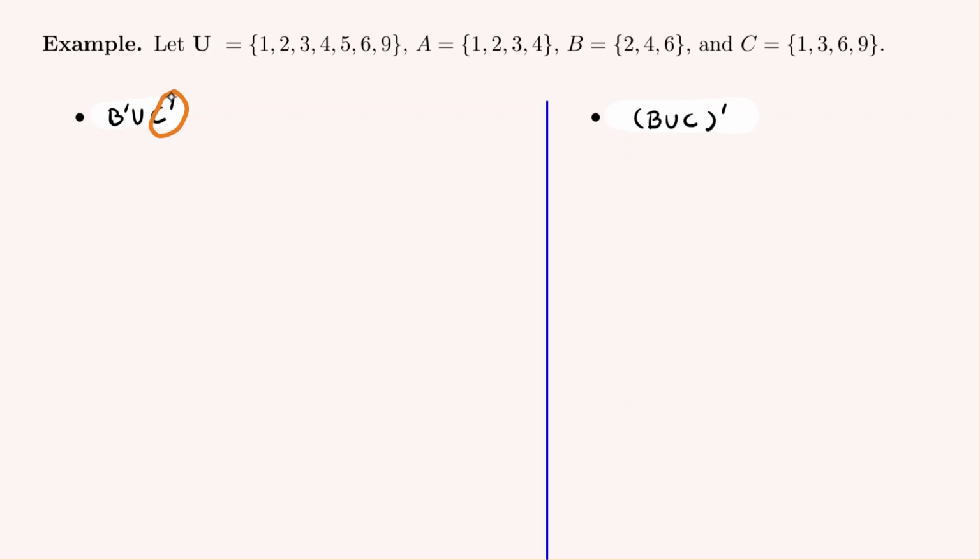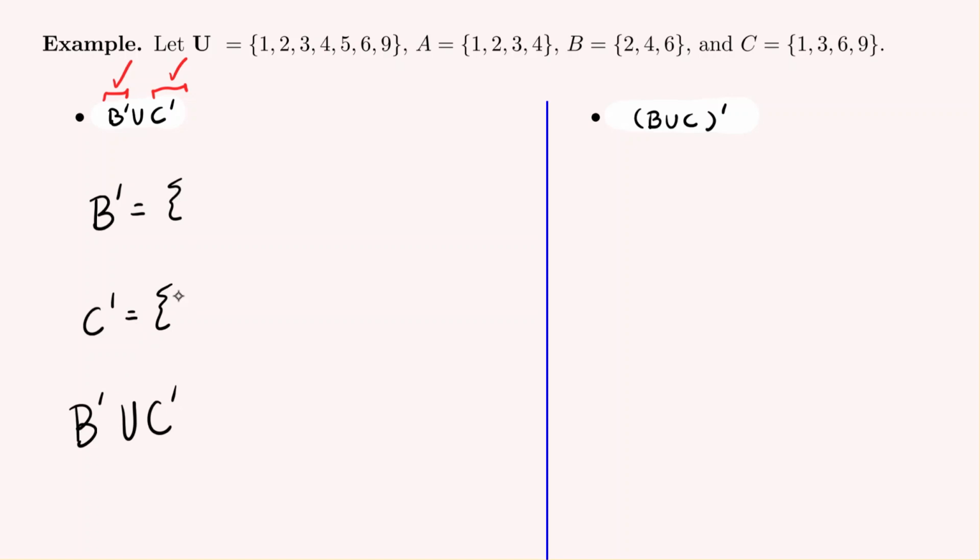And I know anytime I'm asked to find a union or intersection, I have to understand both things separately before I can understand their union. So this begins by telling me I need to find B complement, I need to find C complement, and only when I have these listed out could I consider finding their union. And the union of sets is just everything in the first plus everything in the second.